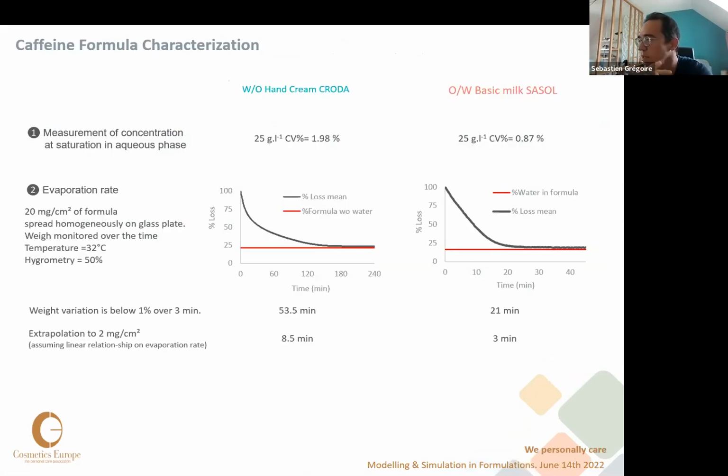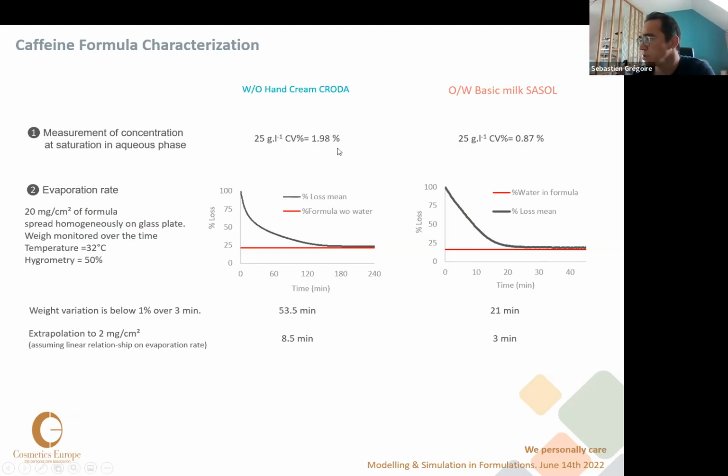For the formula characterization, we characterize the evaporation rate. And as you can see, depending on the type of formula, the inverse and the direct, the shape of the evaporation rate is different. And it reached ultimately a limit corresponding to the amount of water in the formula, which is the main component reflecting the volatility.